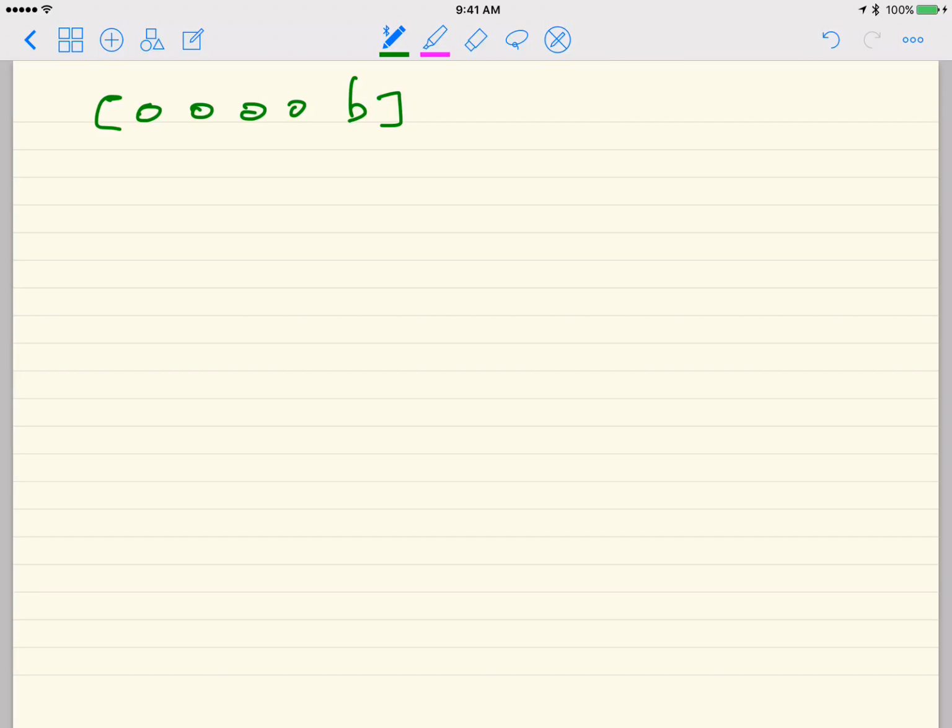Let's look at the AA coefficient matrix: 1, 2, 3, 4, 4, 5, 6, 7, and 6, 7, 8, 9. If we change that into reduced echelon form, it will have this kind of value: 1 here, which are our 2 pivots, but the last row will have no pivot in the A part.